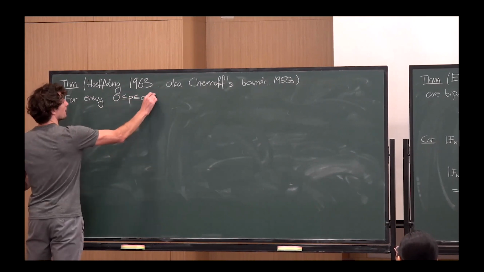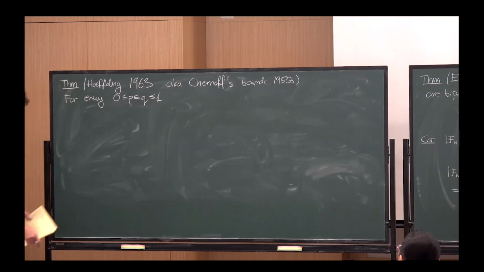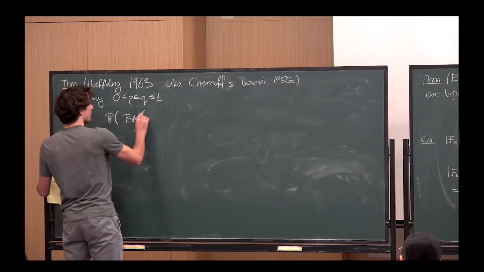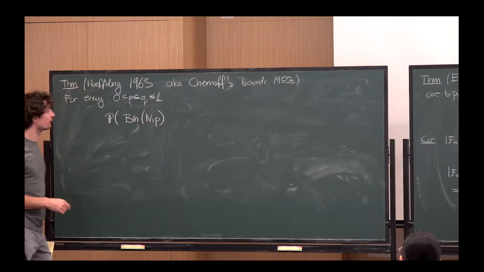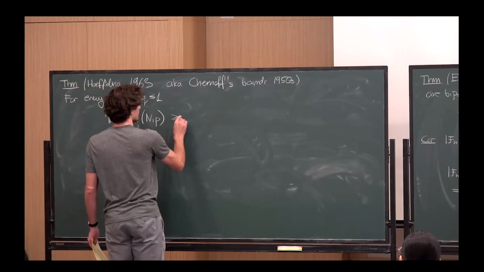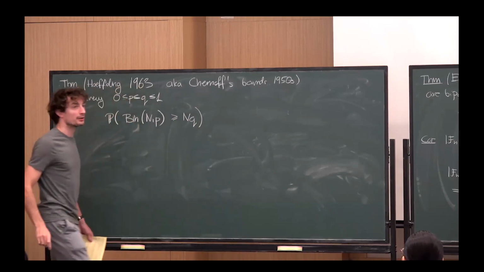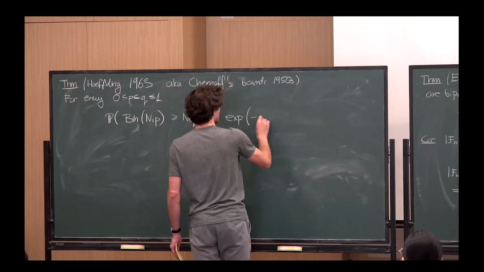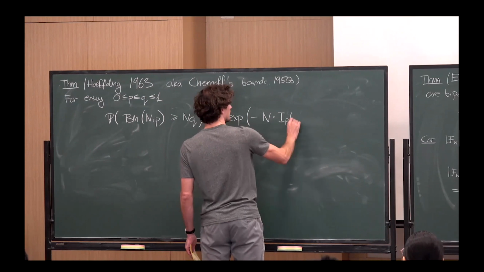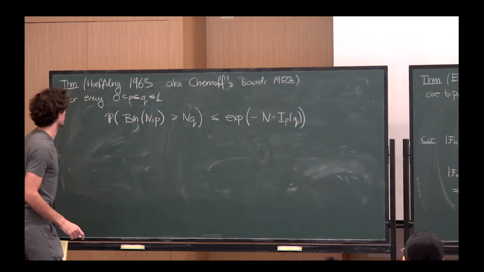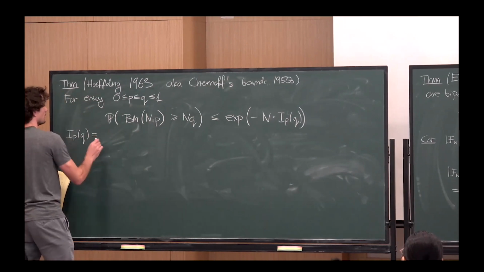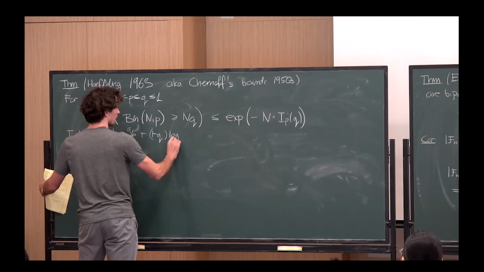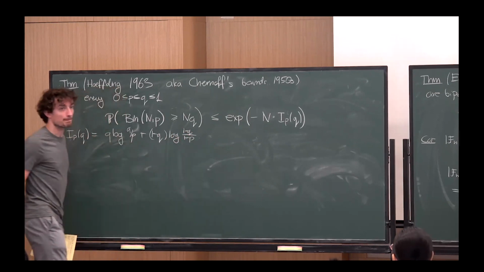And the theorem says, however I choose p and q between 0 and 1, then the probability that a binomial random variable with n trials and success probability p exceeds n times q is at most exponential in minus n times some function that depends on p and q, and this I(p,q) is q log(q over p) plus (1 minus q) log((1 minus q) over (1 minus p)).